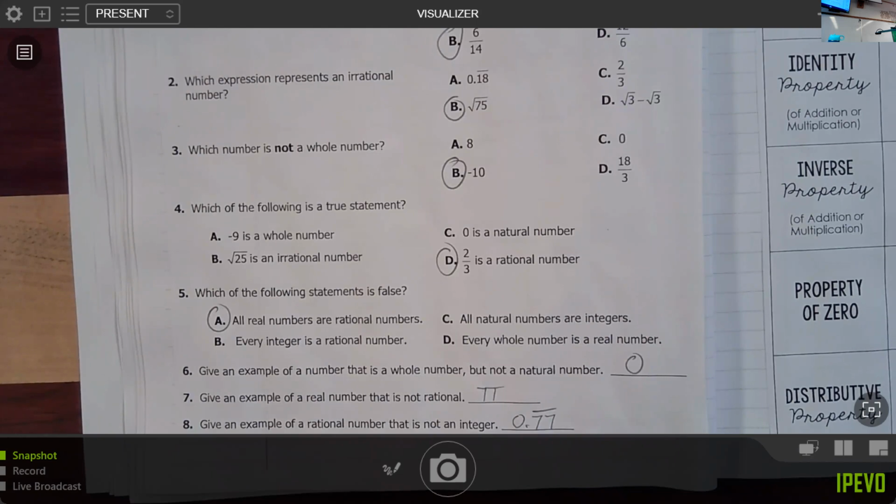You're listing all of the categories that fit.